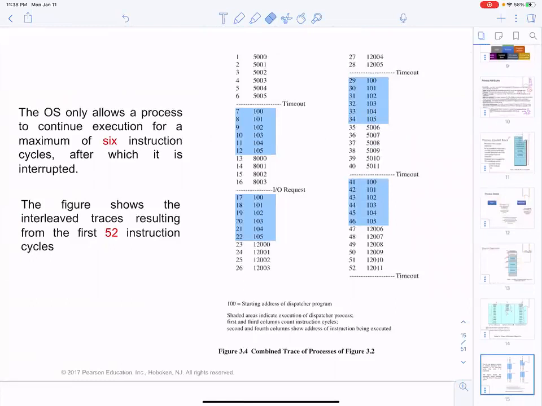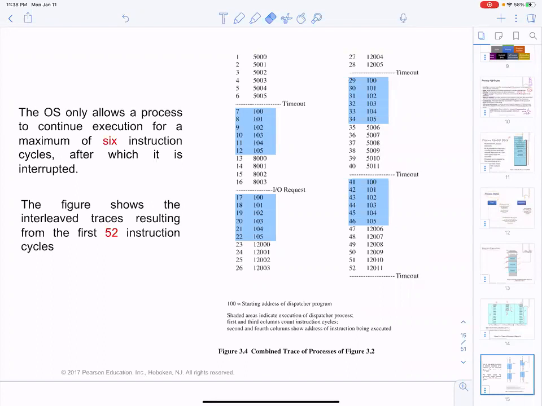Now, by using the information about the traces as well as the starting and ending address of each process, let's see, when we combine the traces of all of those processes, what would be the processor's point of view.